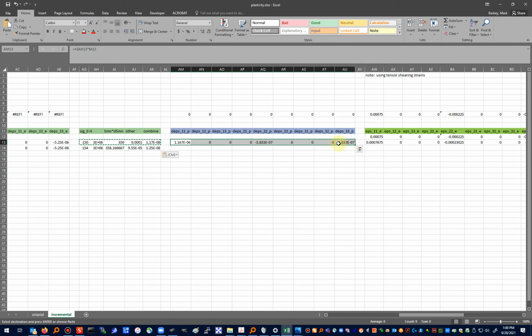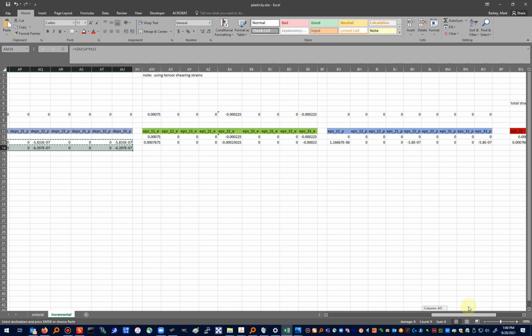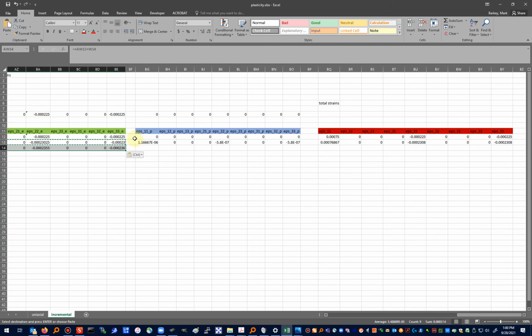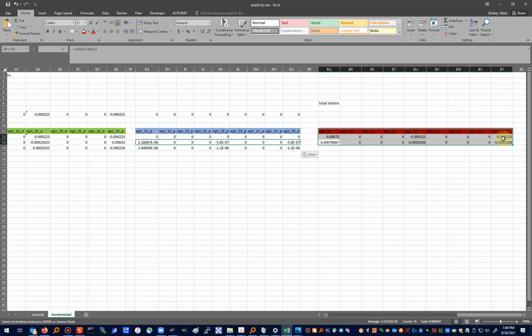Gaussian update in plastic strain increments, giving us a new elastic strain state, plastic strain state, and total strain state. And I think everything's looking okay.